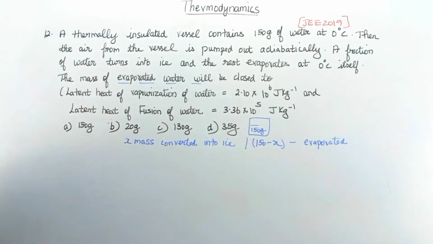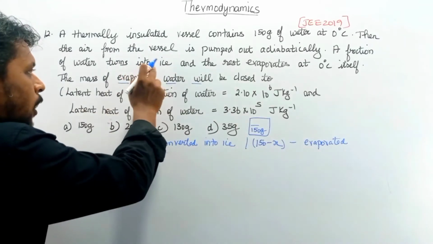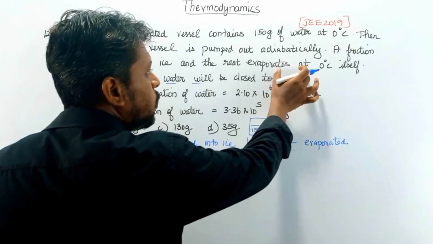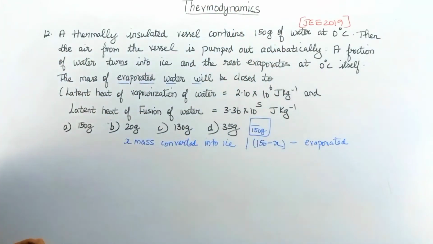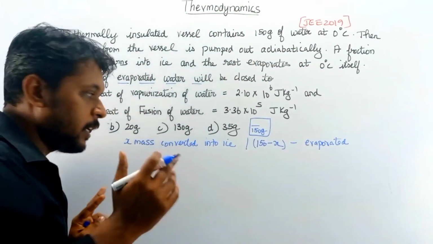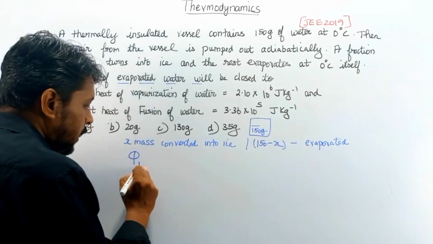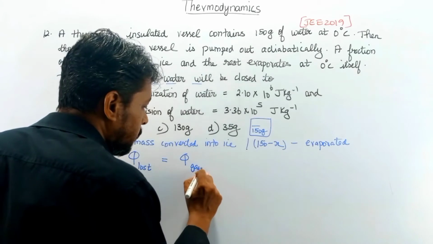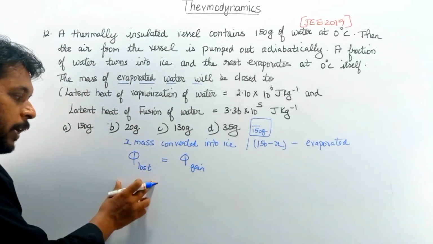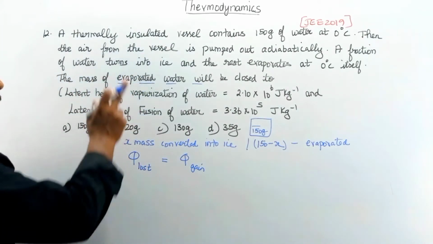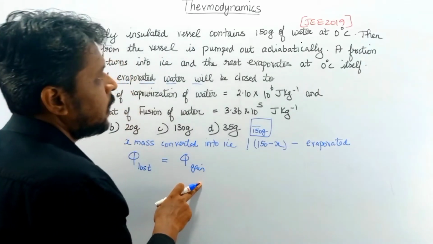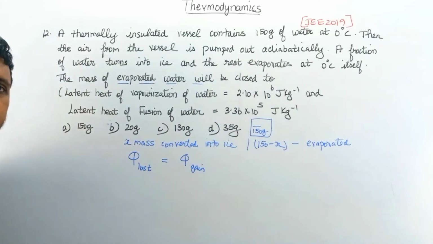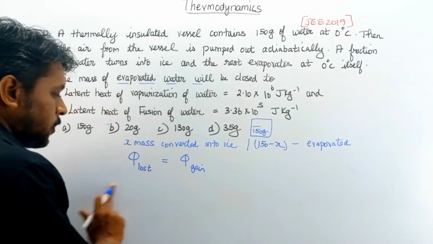Okay. So now see that some amount of heat is lost for the water to be converted into ice, and some amount of heat is gained to get evaporated at 0 degrees Celsius. According to the principle of calorimetry, the amount of heat lost will be equal to the amount of heat gained. What is the heat lost to convert it into ice?